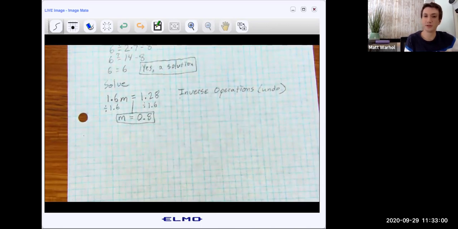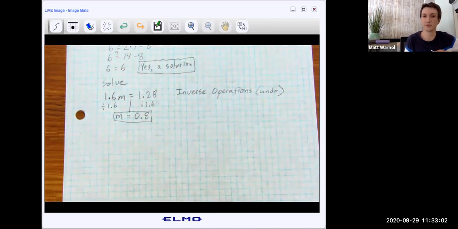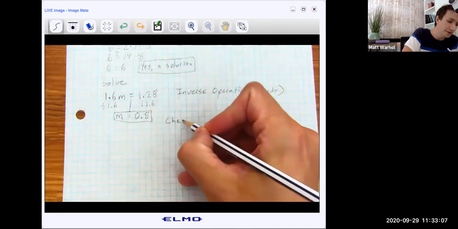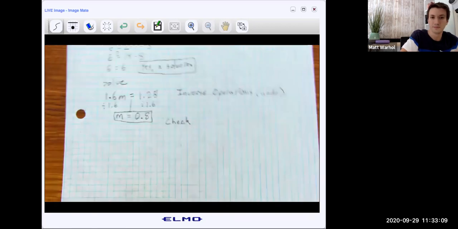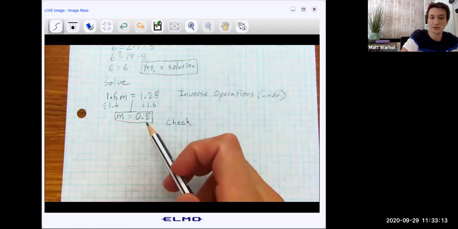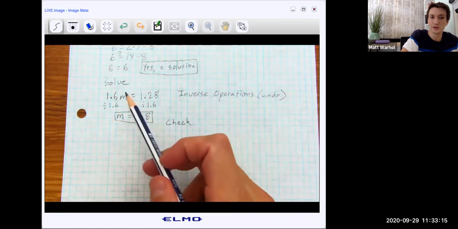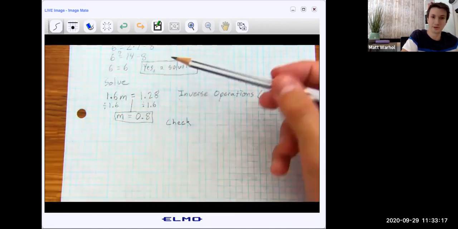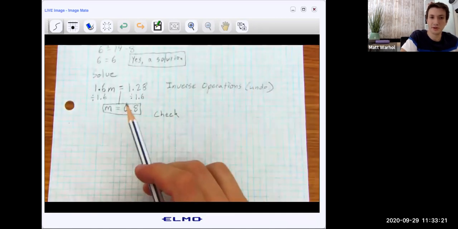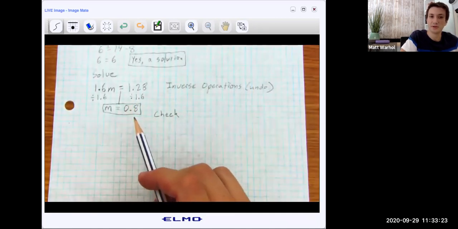Now, I always want you on this solving equations part 1 to check your work. So let me show you how to run a check. To run a check, I try substituting that number we got into our original equation, just like what we were doing up here. So I'm taking my original equation, and I'm going to substitute in the 0.8.